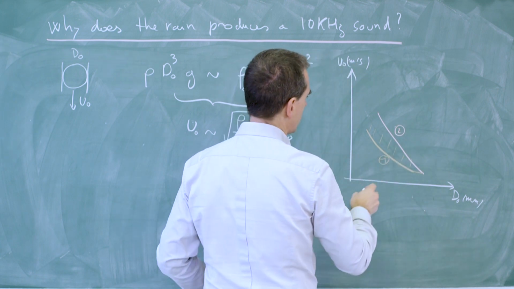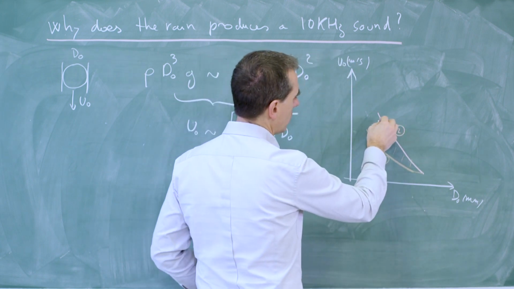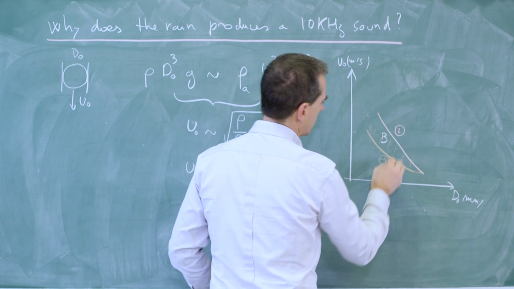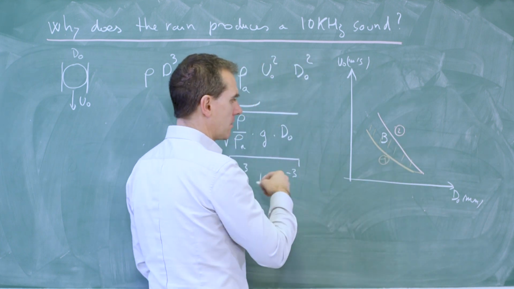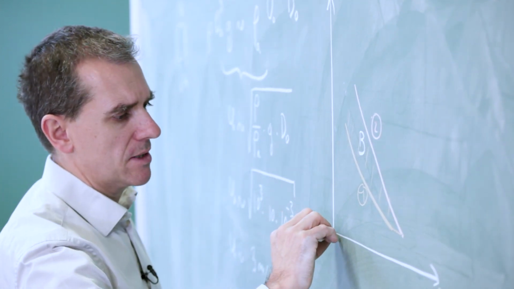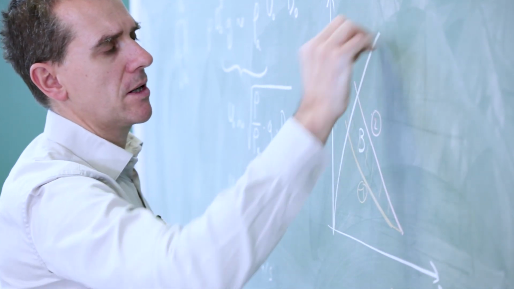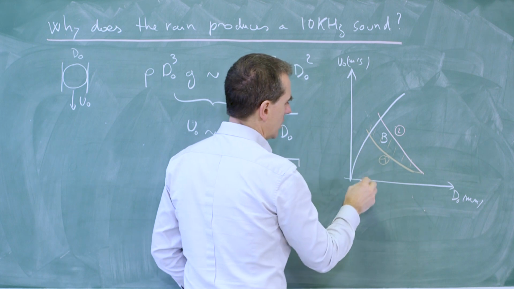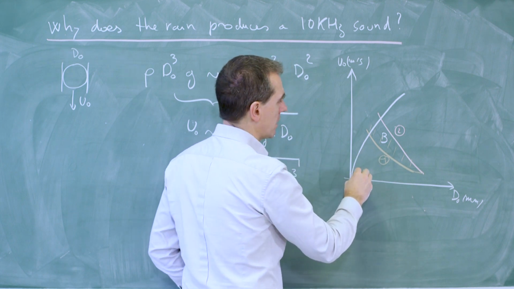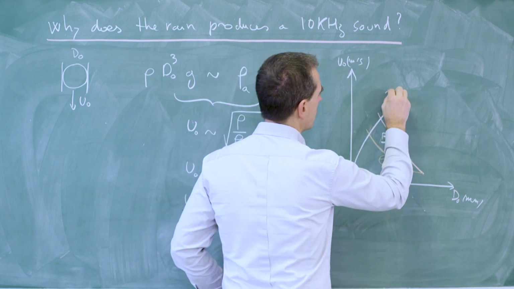And what we just showed is that even if all the conditions in this region can produce bubble, there is a third condition that tells us that the velocity and the diameter are linked in the rain, which means that when we produce raindrops, we can only move along this third boundary.